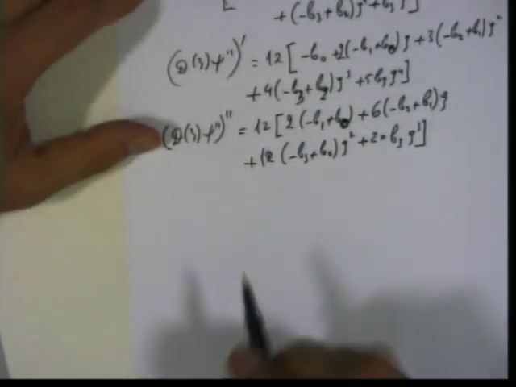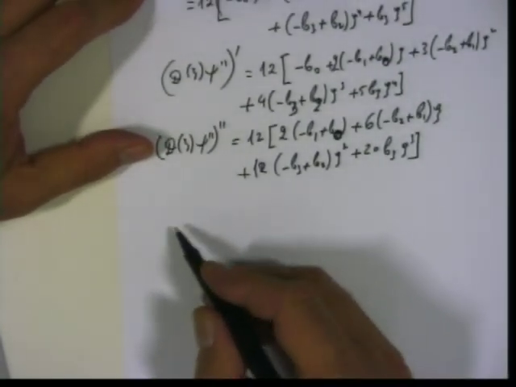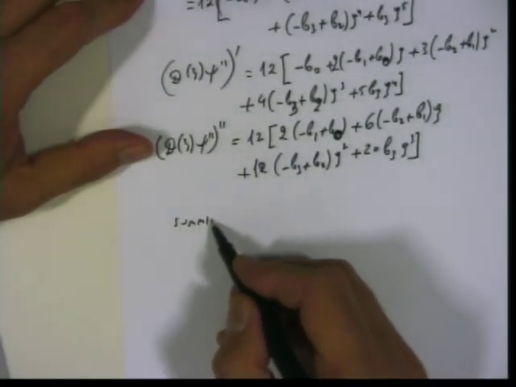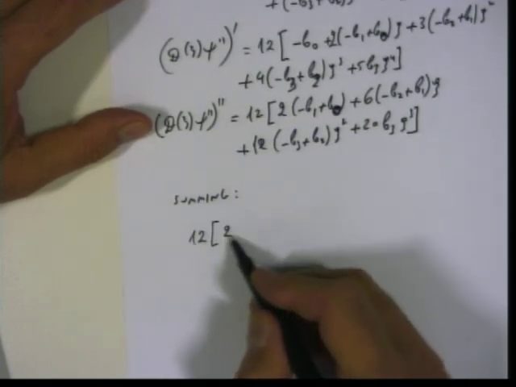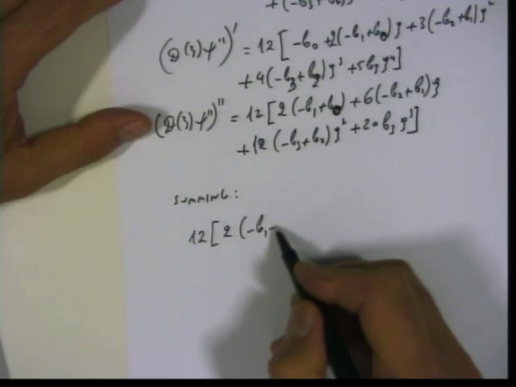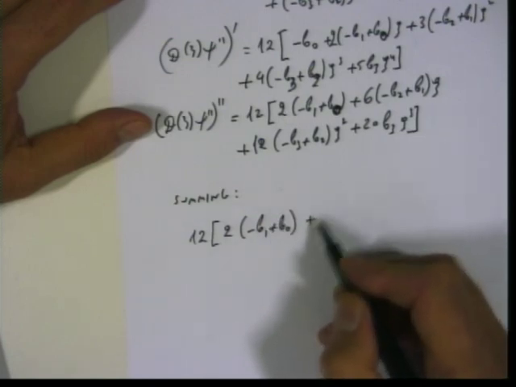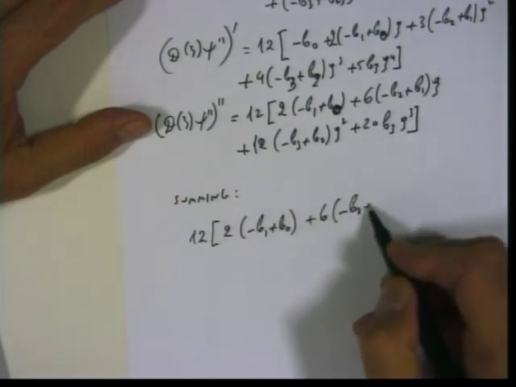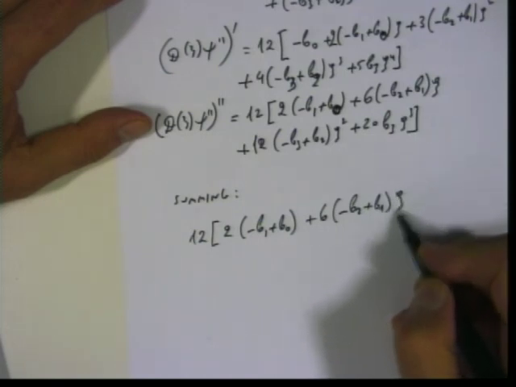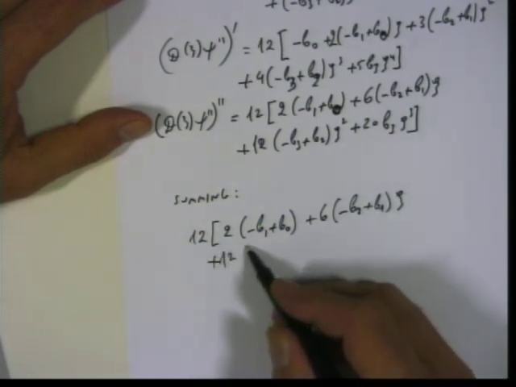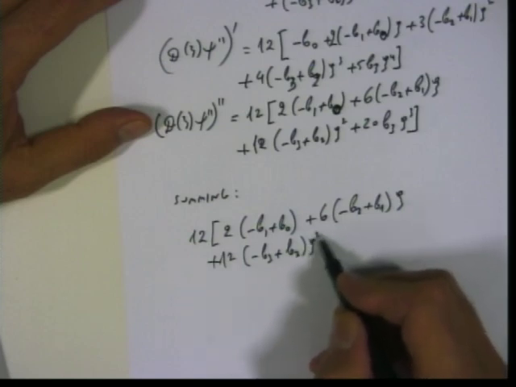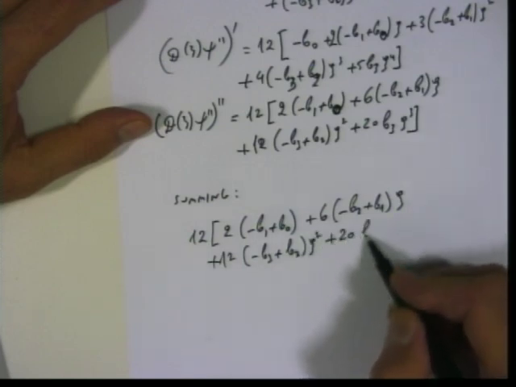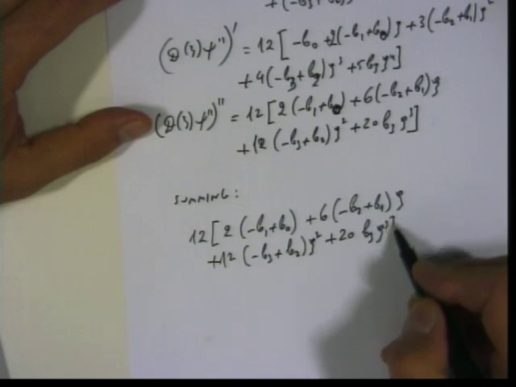And okay. So then I'm summing. We get, so I will write down everything: 2 minus b1 plus b0 plus 6 minus b2 plus b1 xi plus 12 minus b3 plus b2 xi squared plus 20 b3 xi cubed.